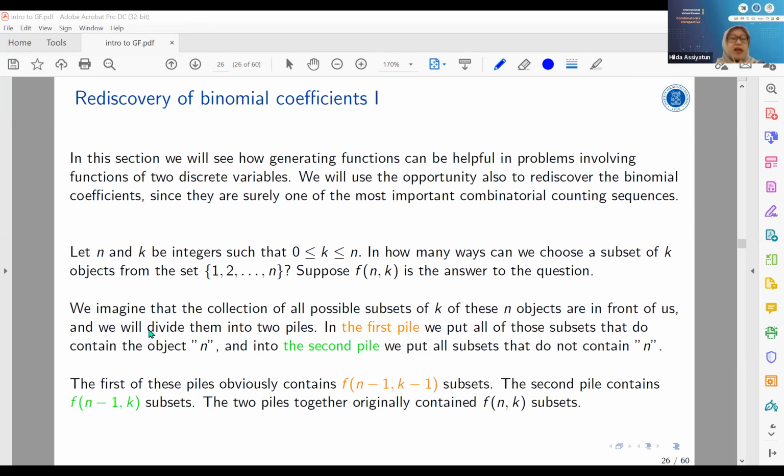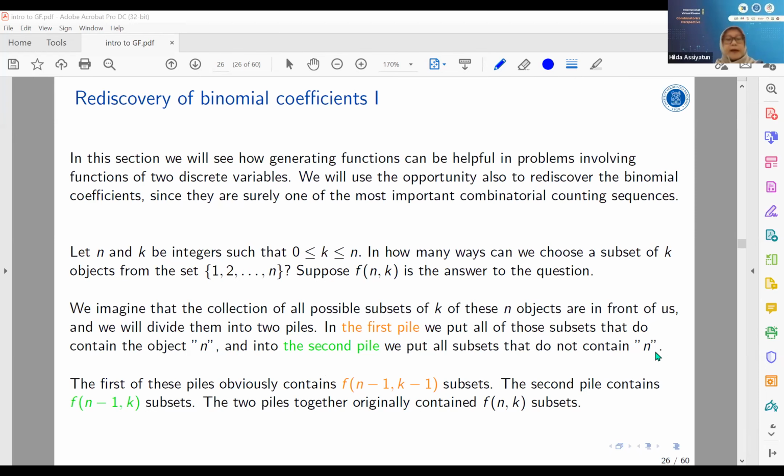Imagine that we collect all the possible subsets of k objects, and then we divide these subsets into 2 types, or 2 piles. In the first pile, we put all the subsets containing n, the largest object. In the second pile, we put all subsets without n.